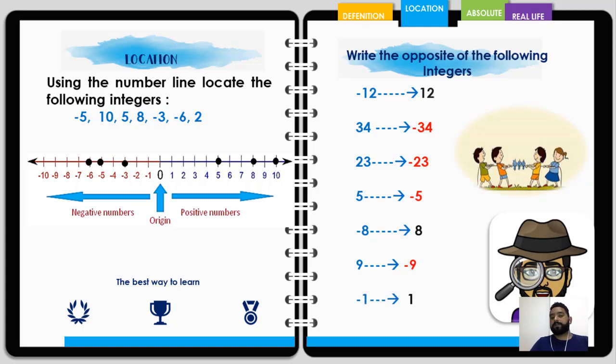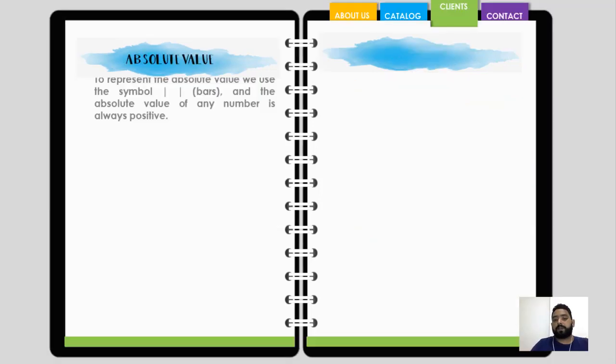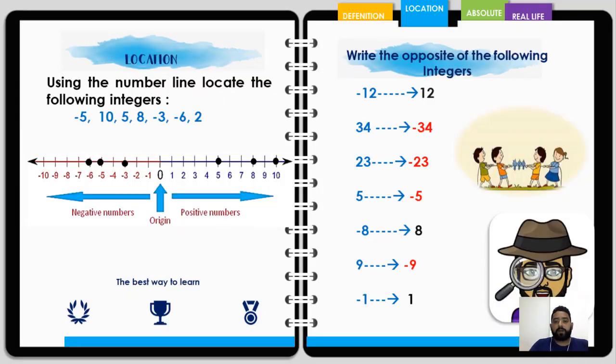Now, number 9, the opposite is negative 9. And we have negative 1, the opposite of negative 1 is 1. So with this, you can find the location of those numbers. Imagine that you have the number negative 2345.